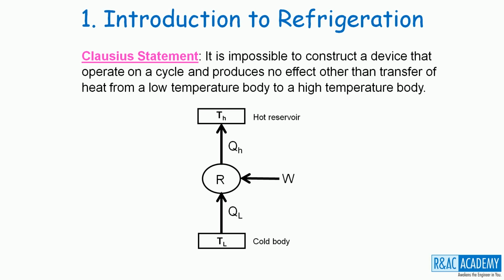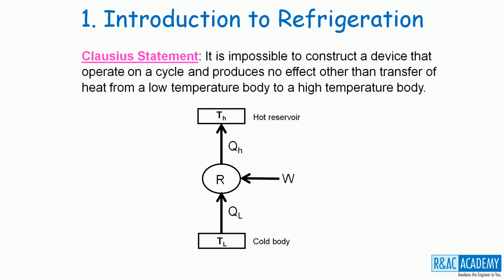Whenever we are transferring heat from a low temperature body to a high temperature body, we need to supply energy for that to happen. However, there are no restrictions on the type of energy. Hence, our proposal is not violating the Clausius statement.